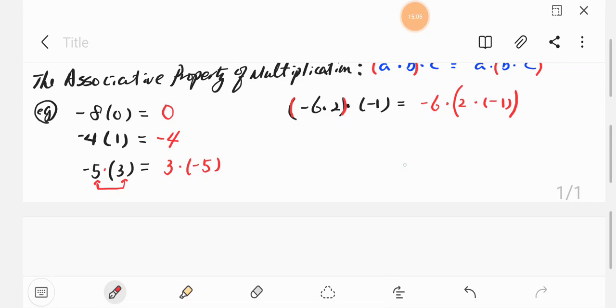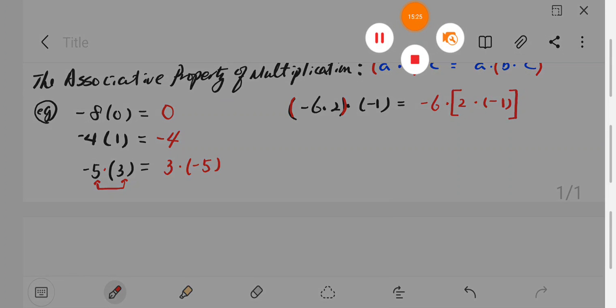So that is the associative property of multiplication. I already used the parentheses for -1, so why don't we use a bracket around here? So this makes more sense, right?